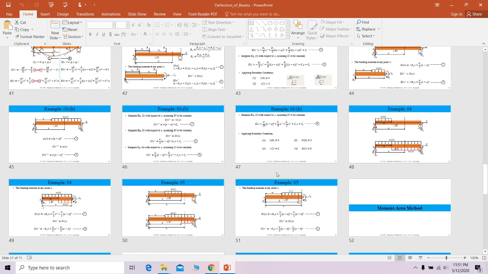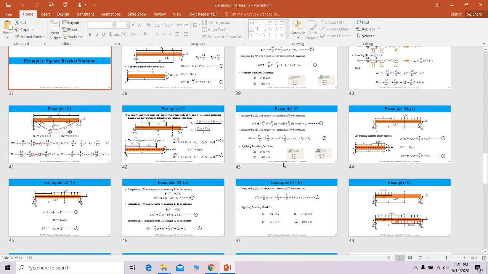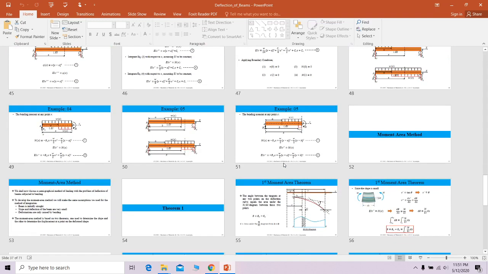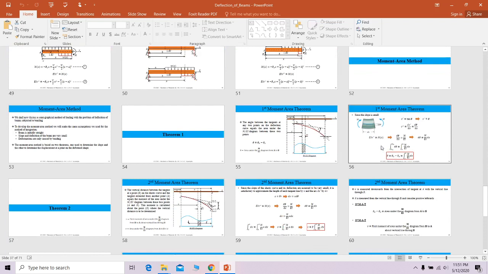I will explain how you can use this square bracket notation to express your bending moment, if you have different cross sections, using one particular equation, and after that how to use the integration operation for those things. The next final part is moment area theorems. Okay, until then, I'm going to stop. Thank you very much.